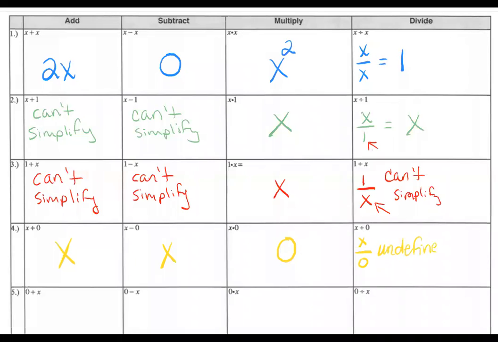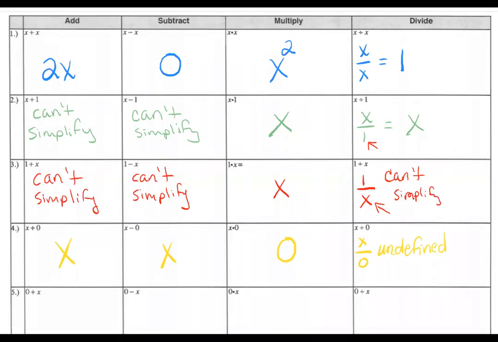Connects to so many other concepts in algebra and beyond. You cannot divide by 0. If you type that in your calculator, any number divided by 0, so if you try 5 divided by 0, 6 divided by 0, negative 251 divided by 0, you will get undefined. You cannot divide by 0. And again, we were assuming here that x itself was not equal to 0.